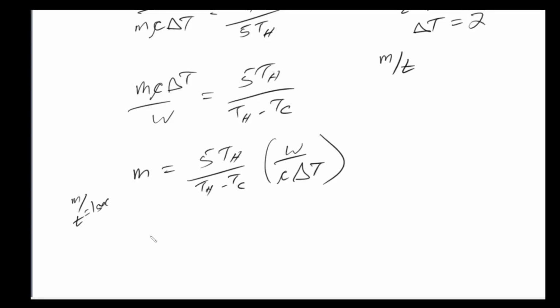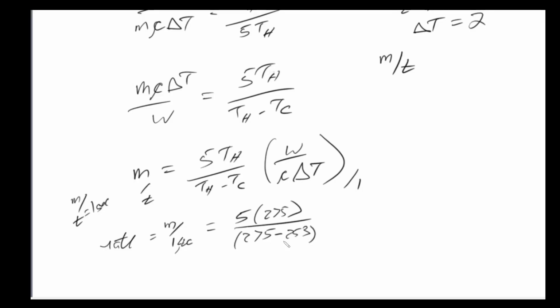So if we then divide by t, which is equal to 1, we get the rate, which is equal to m over t, which is 1 second, is equal to, and we can put the numbers in, 5 times 275 over 275 minus 253 times the work done, which we're given as 10 kilowatts, which is 10 to the 4th watts, divided by C, which is 4.18, times delta T, which is 2.